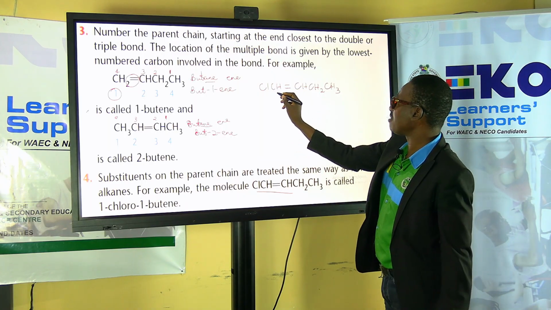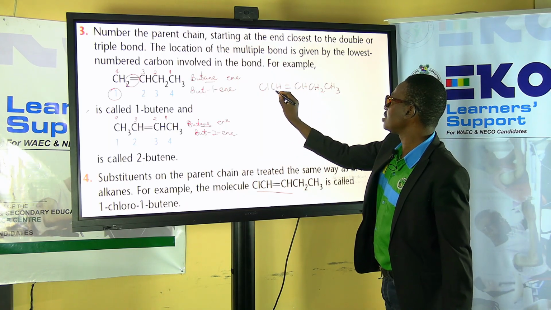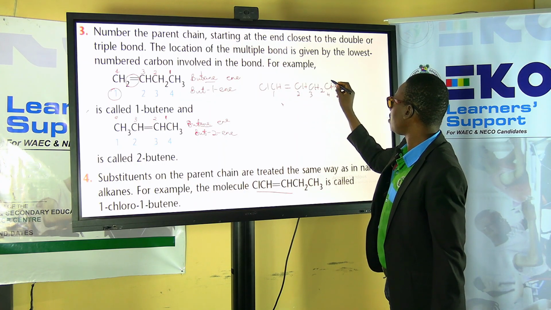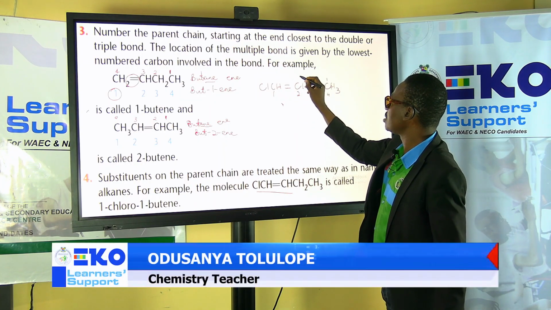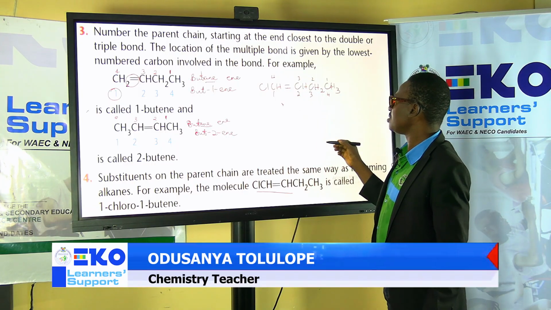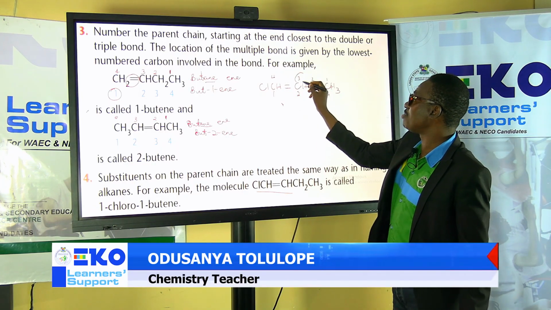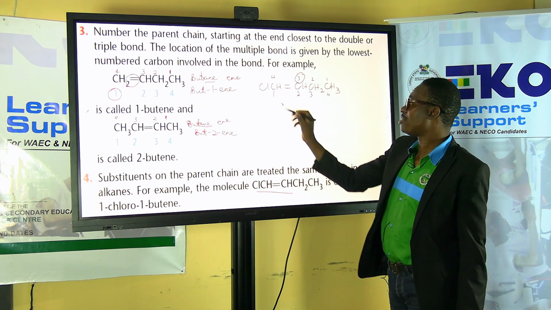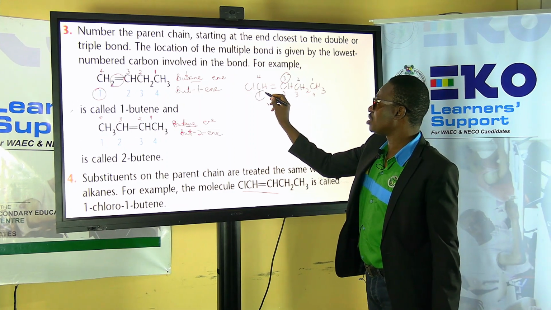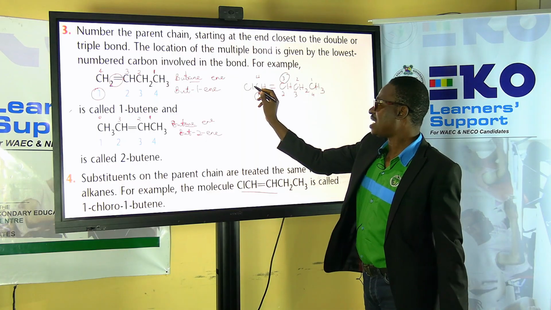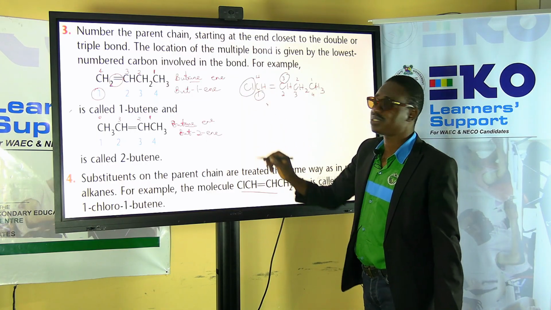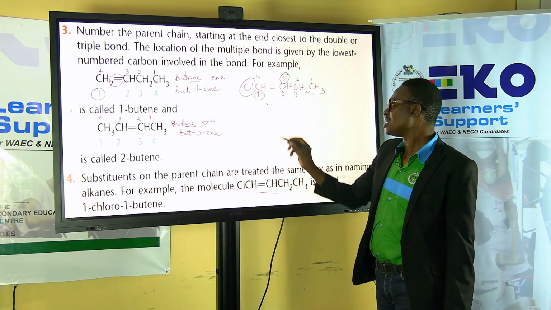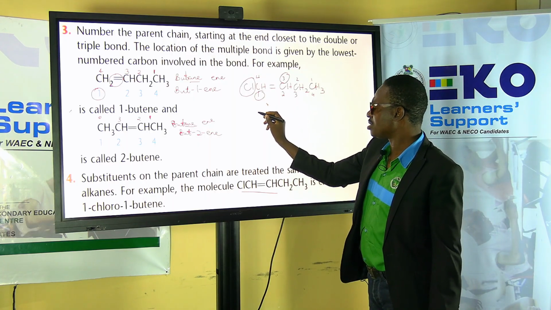If I start from here, 1, 2, 3, 4, or you start from here, 1, 2, 3, 4, you discover that if I'm starting from one end, the double bond will be on position 3, which is far away from the double bond, but if I start from the other end, it will be on position 1. And this becomes the attachment, the substituent. It's equally on carbon 1. So all I need to do is talk about the position.